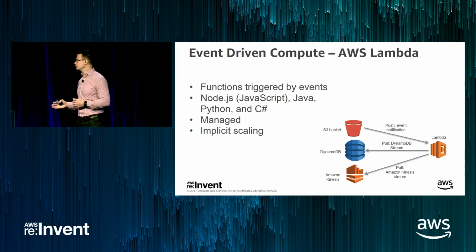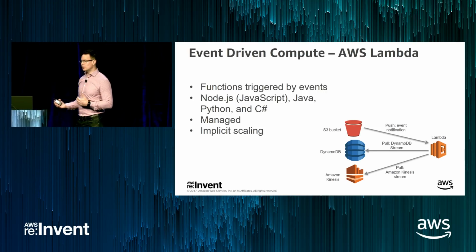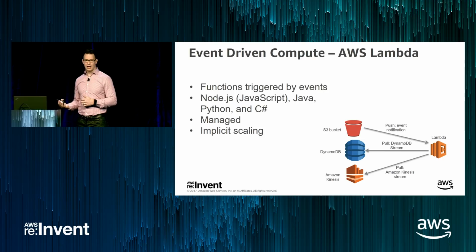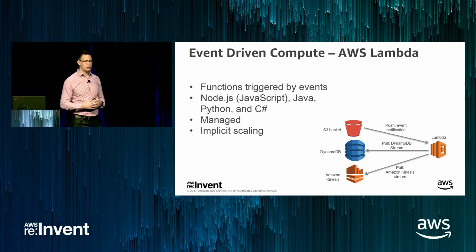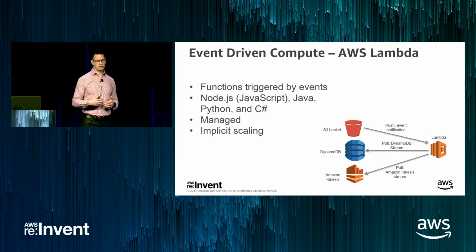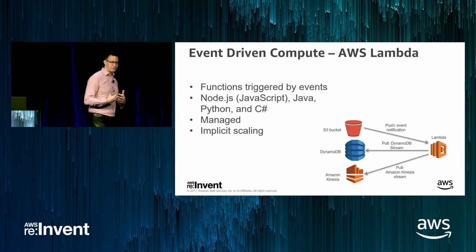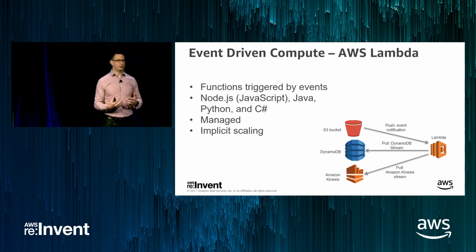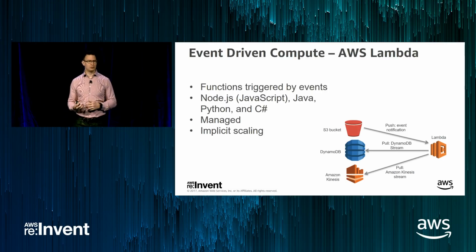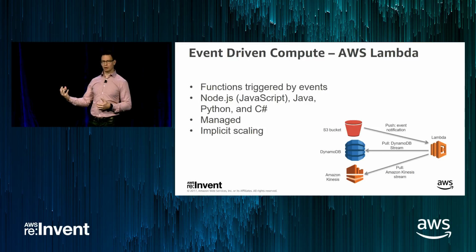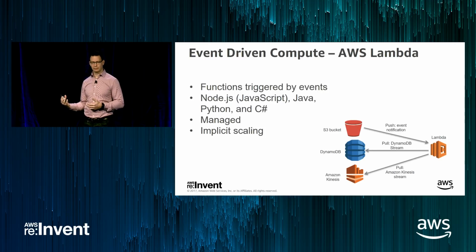Another paradigm that's really interesting and can help you here is event-driven computing. And you can implement event-driven computing using a service on AWS called Lambda. This enables you to define functions using your code written in Node.js or Java or Python or C#, and it will automatically load your code, run it, and unload it. And you only pay for that time that it was actually being computed.